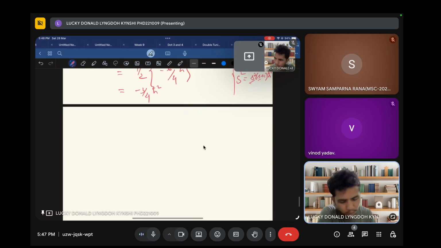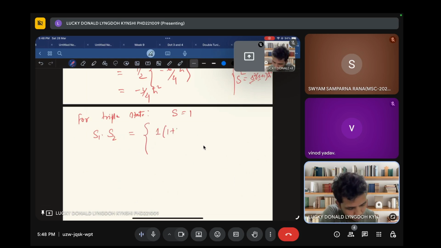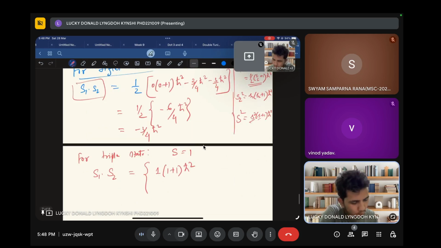And similarly for your triplet state, what happens? Capital S equal to 1. So that means S1 dot S2 is equal to S plus 1 h cross square, so we get something like 1 plus 1 h cross square. You solve this using the formula S plus 1 h cross square, because we have to find the eigenvalues, and minus 3 by 4 h cross square minus 1 by 4 h cross square.